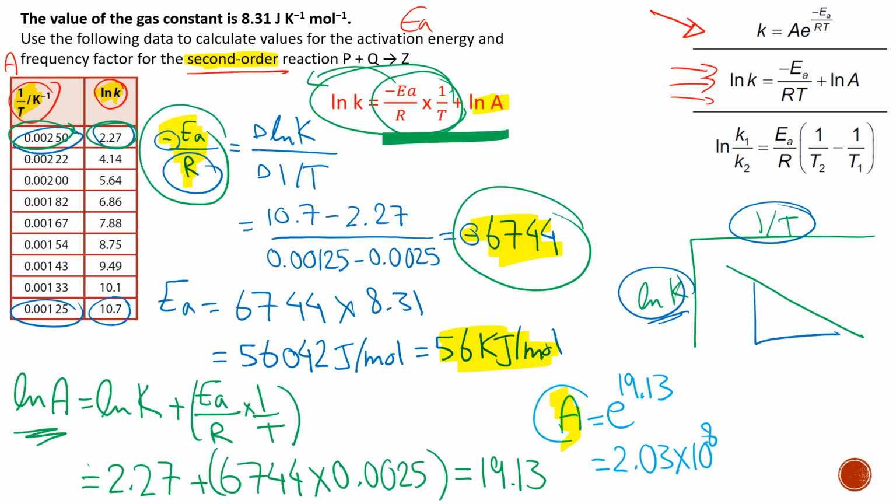It's very simple. The unit for A is the same as the unit for the rate constant of a second order reaction, which is mole to the power -1 dm to the power 3 s to the power -1.